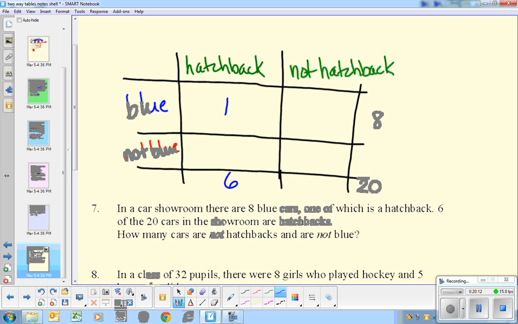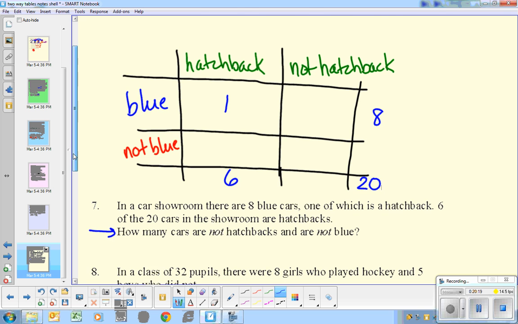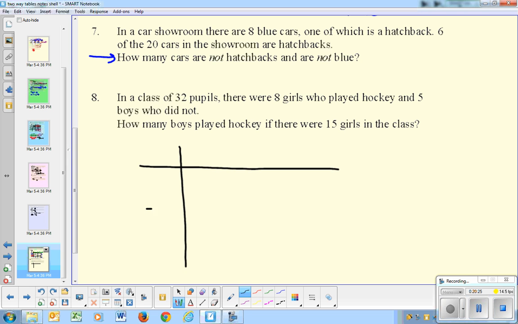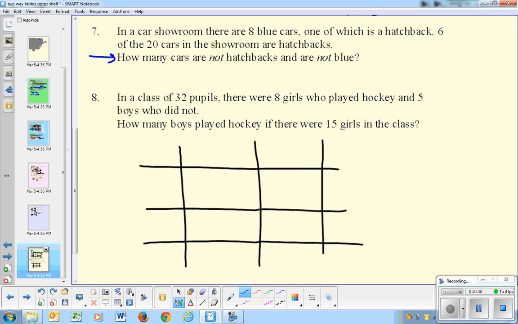Okay, for number 8, let's try this guy. Get a little start here. Okay, in this problem, let's figure out what the variables are. It says there are 32 students, so I think that's going to be our grand total. And there are girls, and they play hockey, and there's boys. Okay, I think I see what the variables are. So I think there are boys and girls. And there is hockey and not playing hockey.